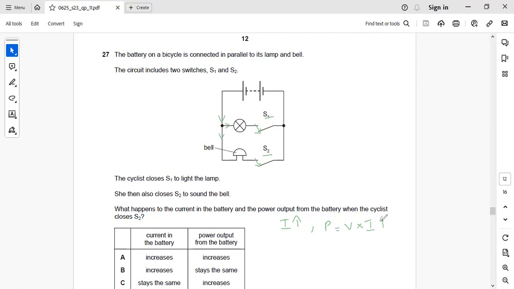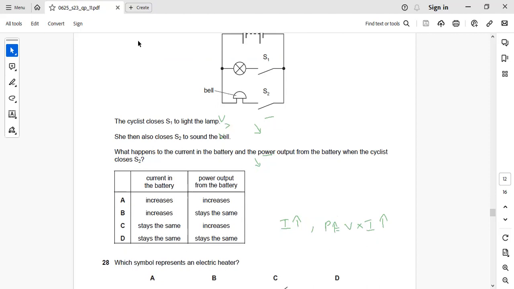So as current increases, power also will increase. So what is the right answer? Right answer is A. Current in the battery increases and power output from the battery also increases.